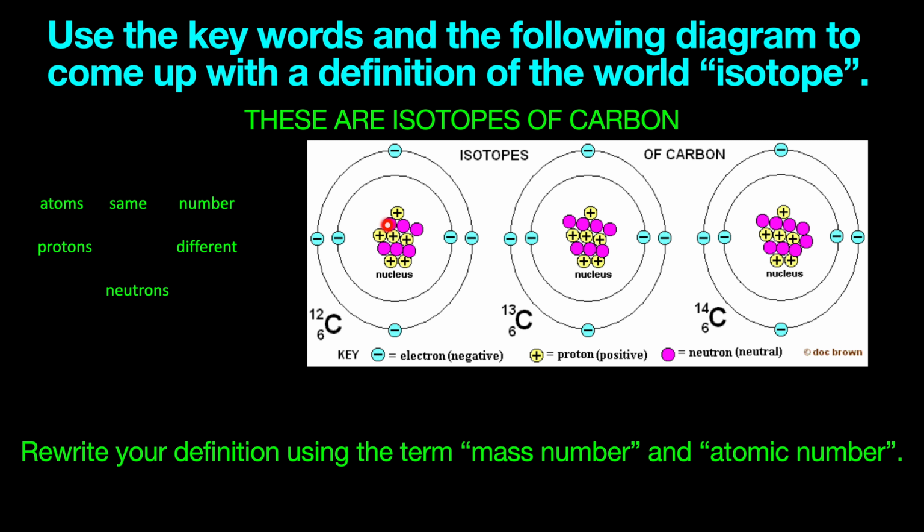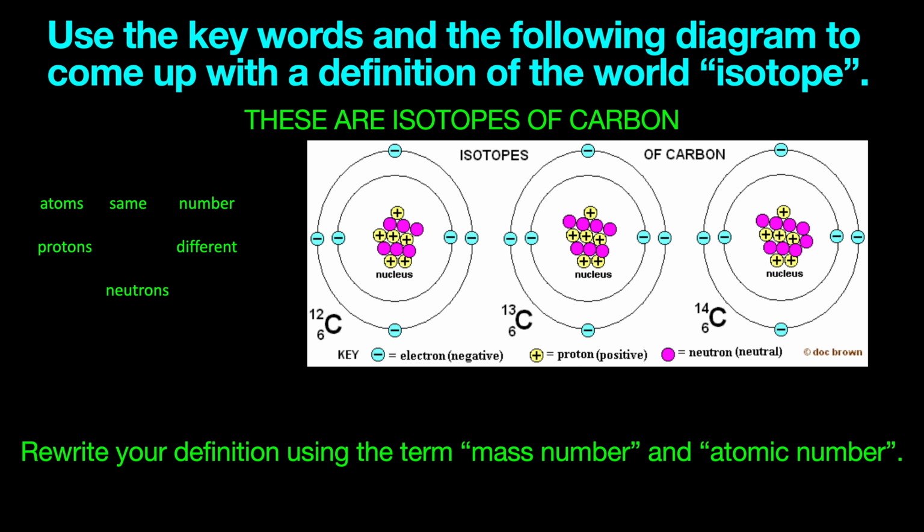We can see that there's 6 neutrons in the first example, the carbon-12. In carbon-13, we have 7 neutrons. And in carbon-14, we have 8 neutrons. Using this, hopefully you can create the definition of the term isotope.